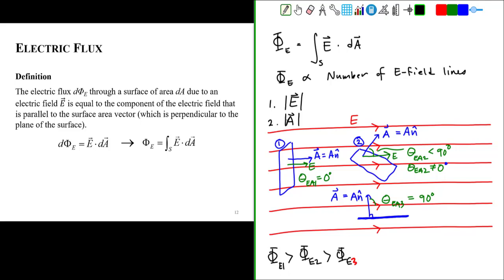Now, the only thing we varied here was an angle. We said that when the angle was equal to 0 degrees, we had the most amount of flux. However, when the angle was equal to 90 degrees, we had 0 flux. And when the angle was somewhere between 0 degrees and 90 degrees, we had some amount of flux.